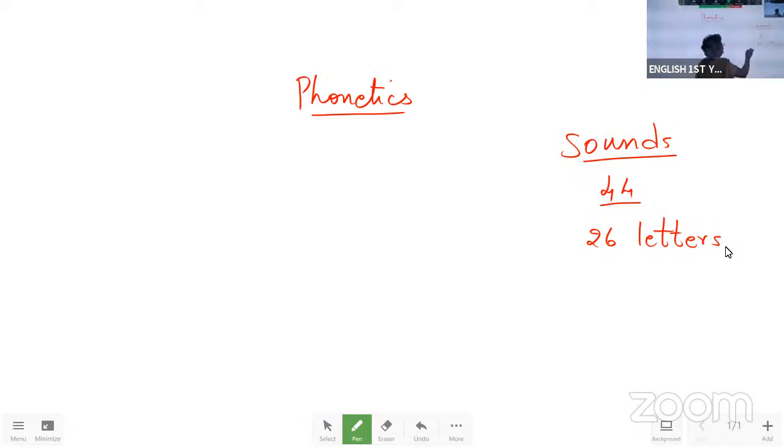And in phonetics or phonemes, which means sounds, they are 40, sorry, 20 vowels, while there are 24 consonants.